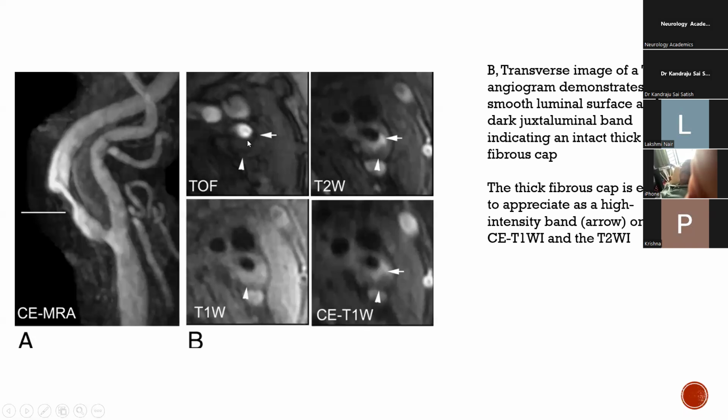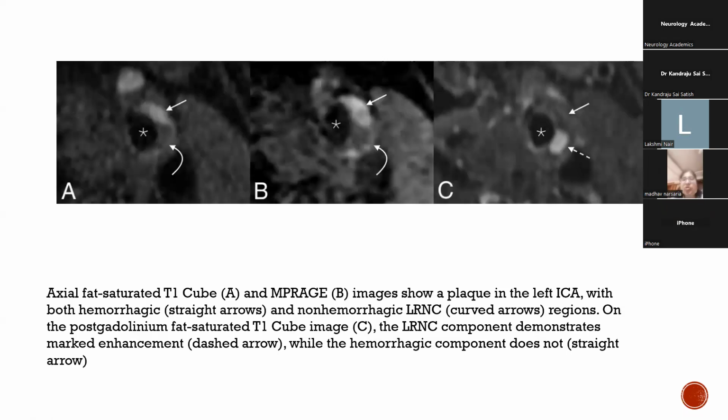And there is a juxtaluminal band that indicates the fibrous cap. In the T1 weighted image, it appears hypo. And in the T2, as well as the contrast enhanced MRI image, it appears hyper. So the thick fibrous cap is easier to appreciate as a high intensity band on the contrast image as well as the T2 weighted image.